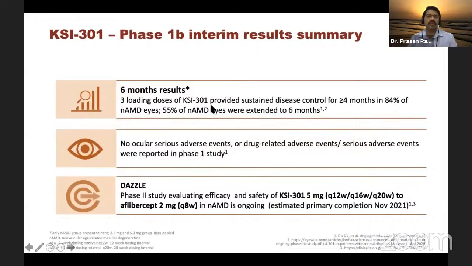That was with 3 loading doses of this medication, showing sustained disease control for more than 4 months in about 84% of the patients. Again, there were no safety signals. A trial ongoing is the DAZZLE trial, a phase 2 study, which looks at the efficacy and safety of this molecule, 5 milligram, given every 12 weeks, 16 weeks, and 20 weeks versus aflibercept every 8 weeks.